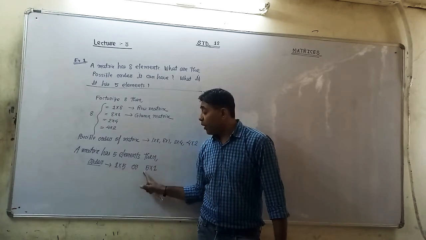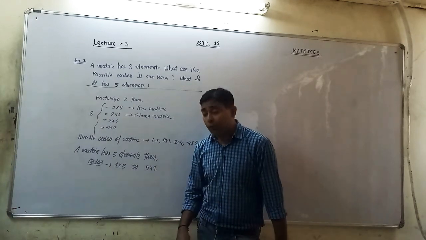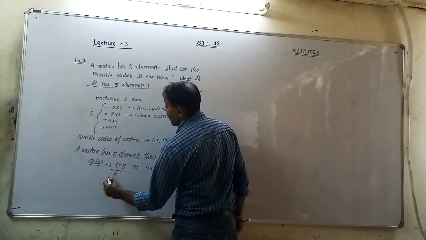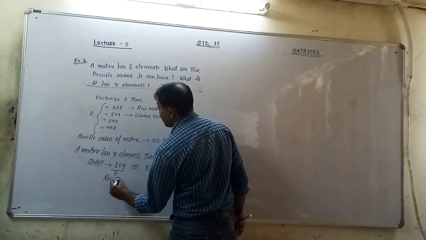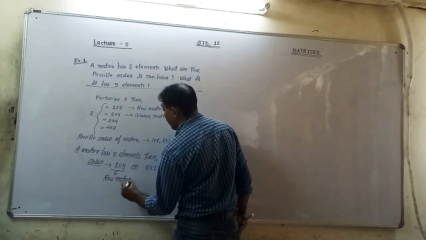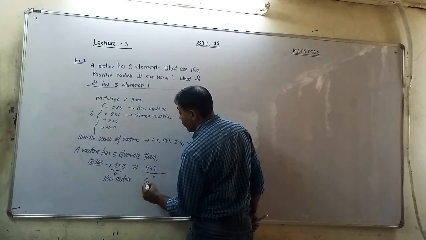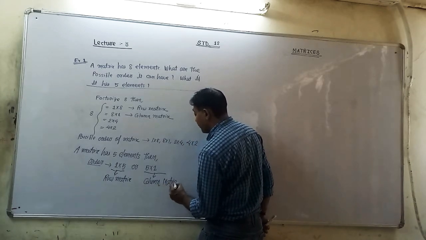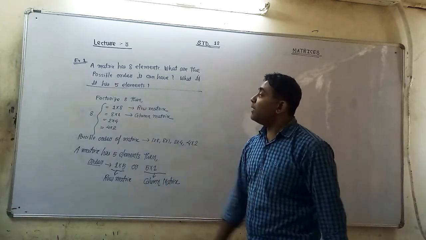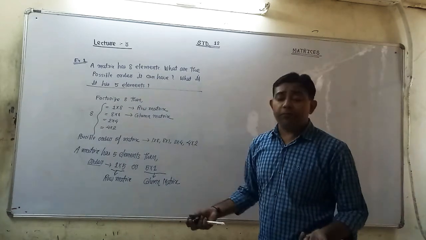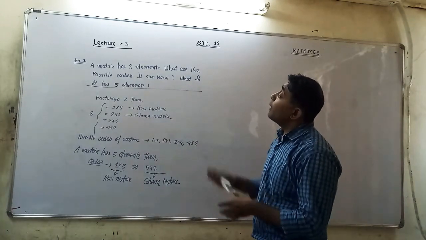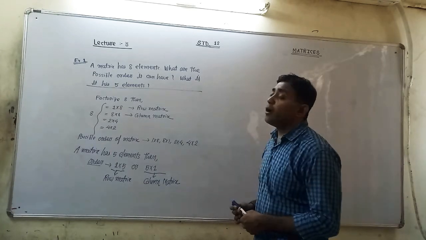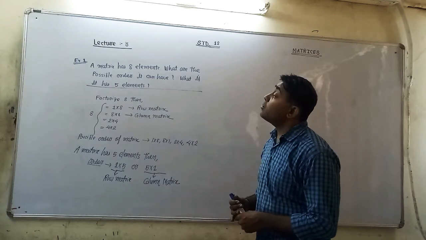So order is 1 by 5, that means row matrix, 1 row and 5 columns. And 5 by 1 means column matrix. So it should be either a column matrix or a row matrix. So this is your first example, a very simple question: if the number of elements of a matrix is given, then we can easily find the order, or say how the matrix can be arranged.